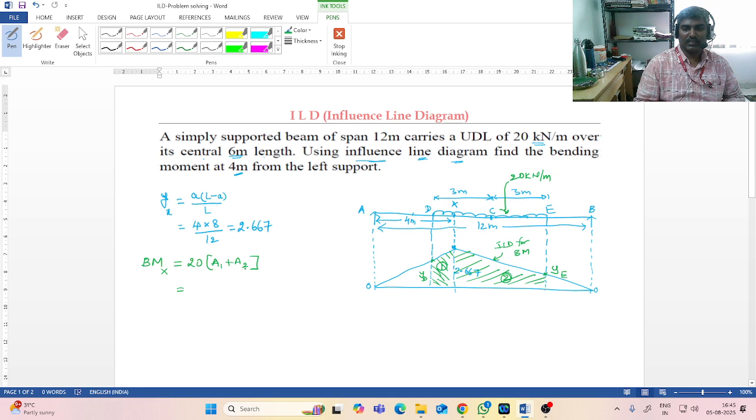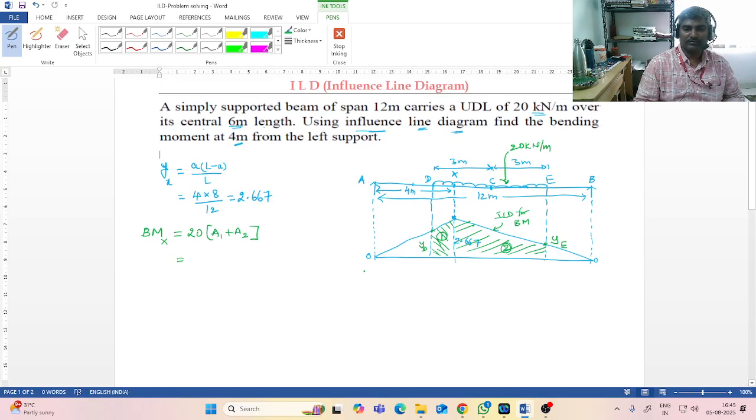So I need A1, the area A1. If I want A1, I need the YD value. So let us calculate YD. Now you can see this distance is 3 meters and this is 4 meters. So it is 3 by 4 times 2.667.